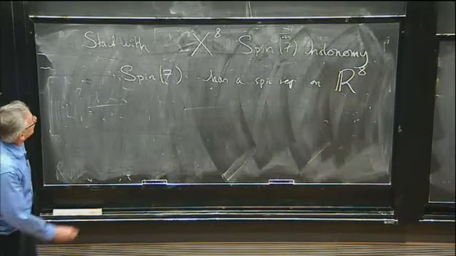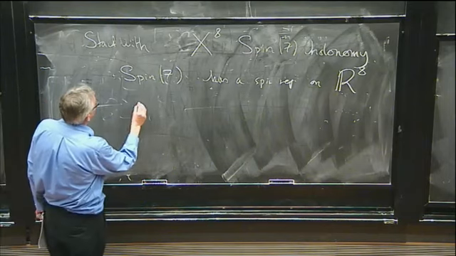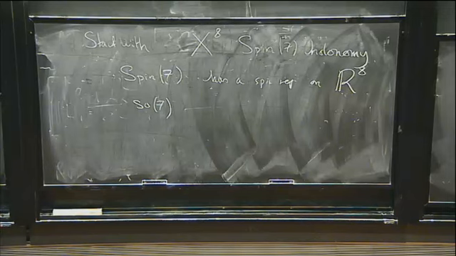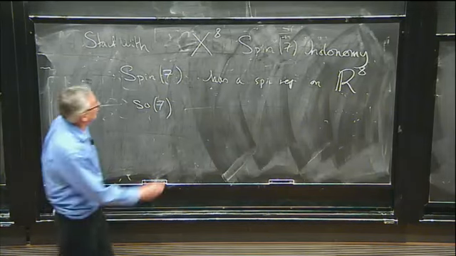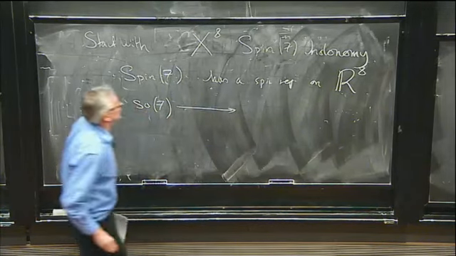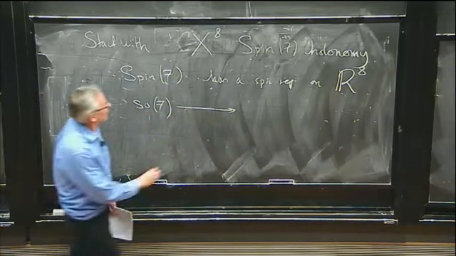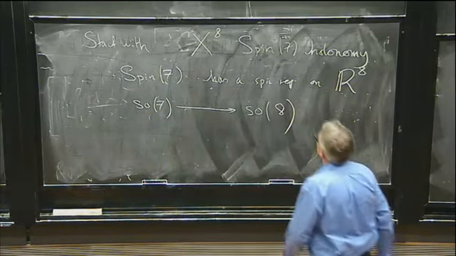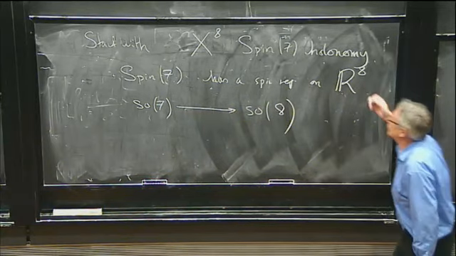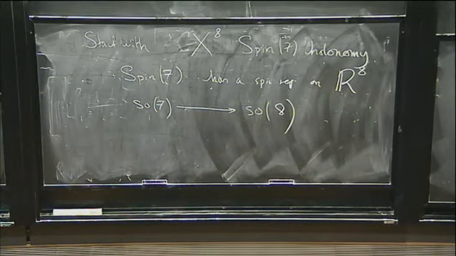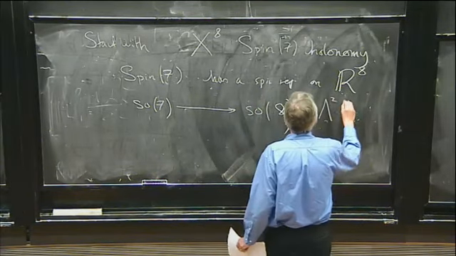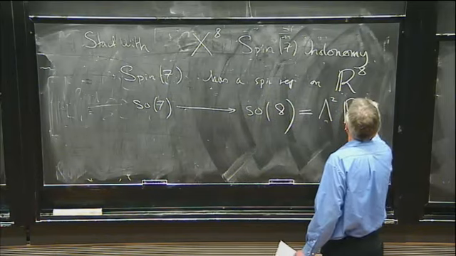And what does this mean? This means that we get a map from the Lie algebra of Spin(7), which is the same as the Lie algebra of SO(7), and it's clearly an injective map into the Lie algebra of the orthogonal group in 8 dimensions, which we identify in the usual way with lambda 2 of R8.